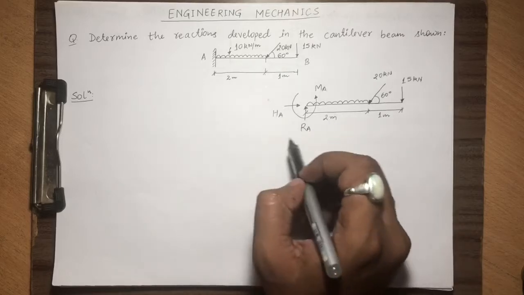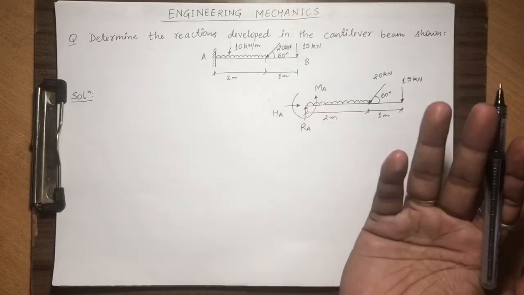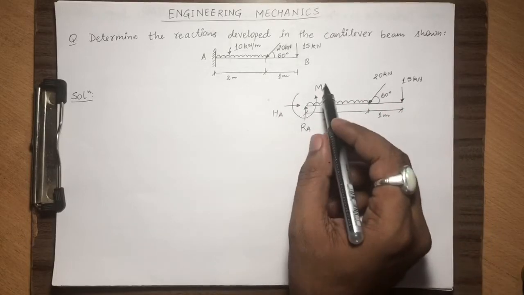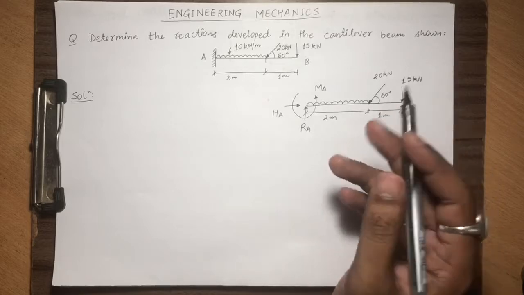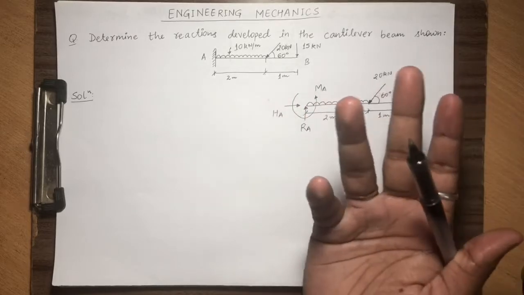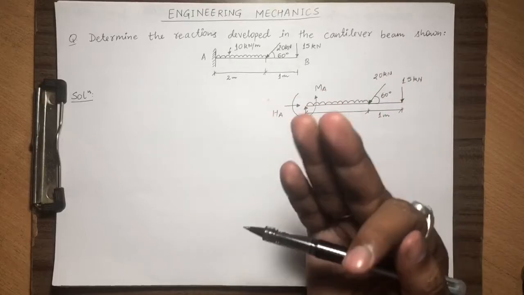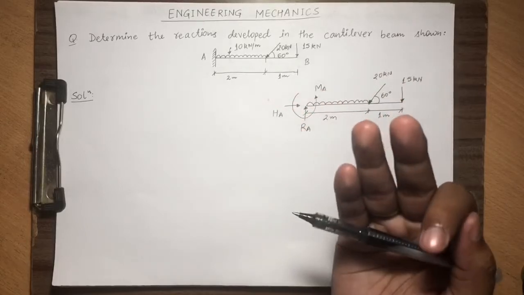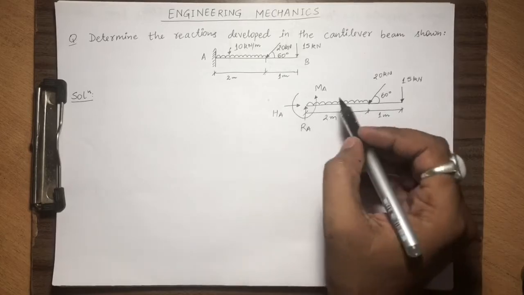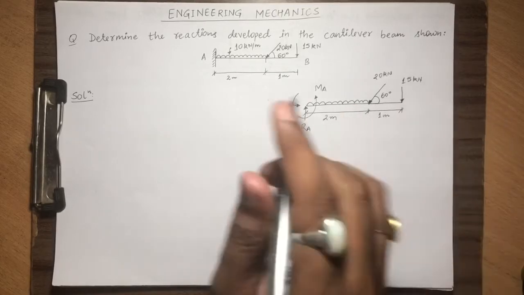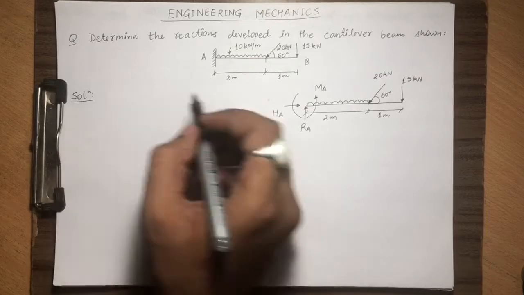The number of unknowns and the number of known equations should be the same. The number of unknown reactions is 3, and the number of known equations has to be 3 or more than 3. So this beam will be in equilibrium. This is a stable beam, so the beam is in equilibrium.